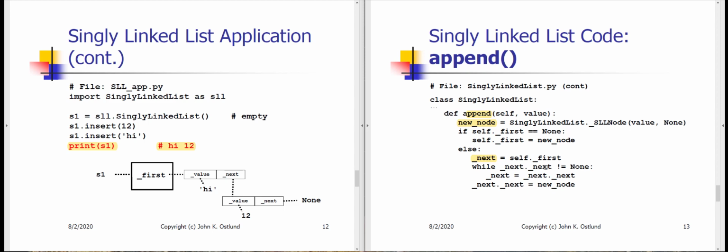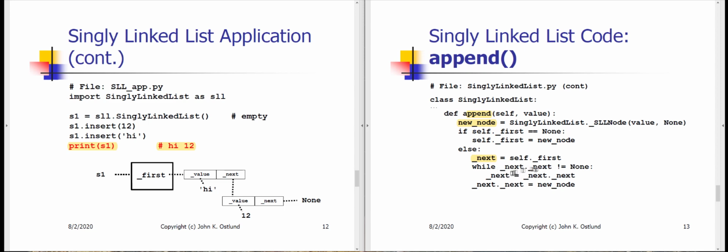Okay? But if there's a node after the node that we're currently referring to, then we need to move our underscore next reference one further along. So if there is a next node, that is, if the next is not equal to None, then we need to bump our next variable forward to next.